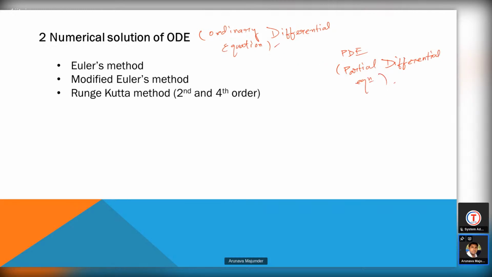So ODE and PDE are two cases. Both have different types of equations, and different types of solution process also.